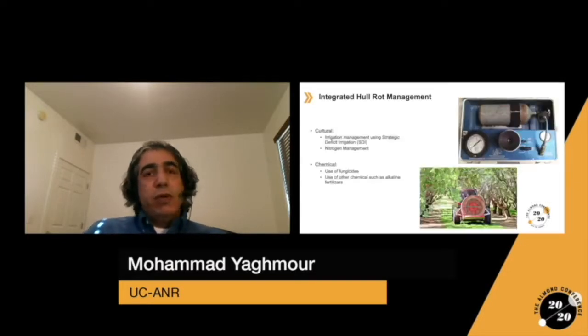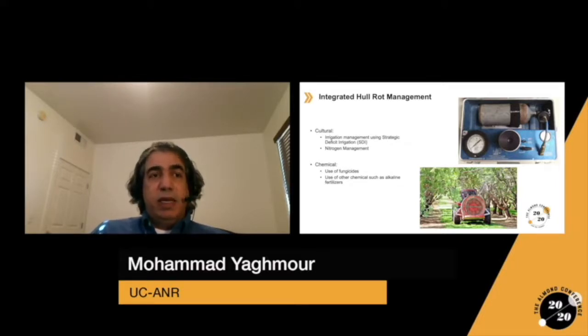So knowing all that information that I just mentioned puts us in a good position to put together integrated pest management tools for hull rot. And that should include both cultural and chemical. When we are talking about cultural, we are talking about irrigation management and nitrogen management. And when we are talking about chemicals, as I'm going to show later on, we are talking about the use of fungicides as well as the use of other chemicals such as alkaline fertilizers.